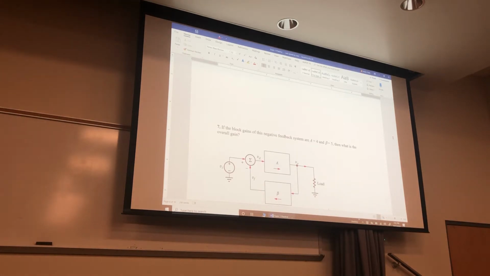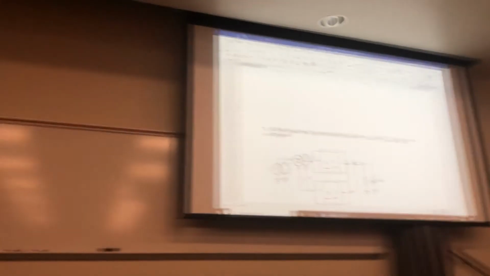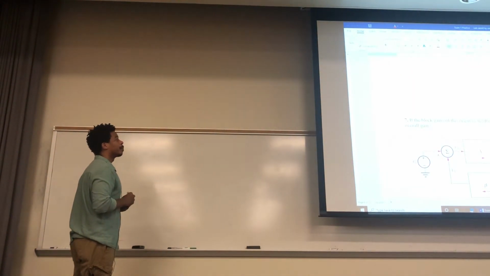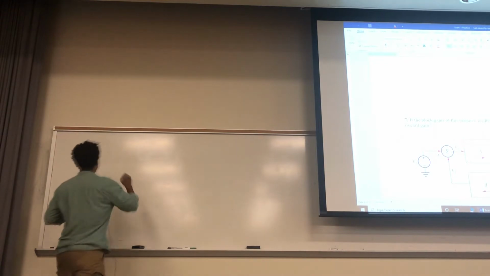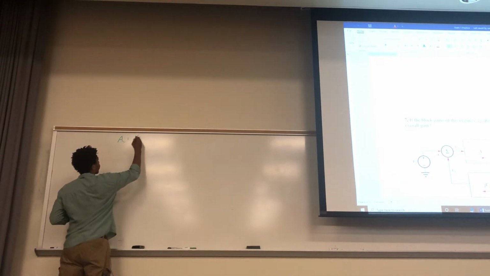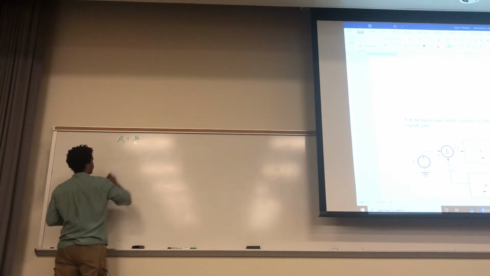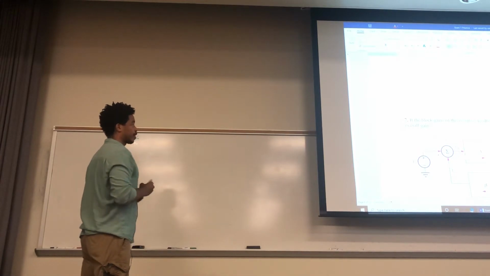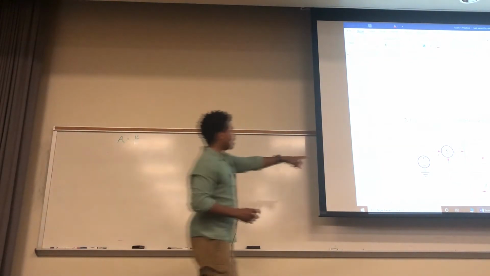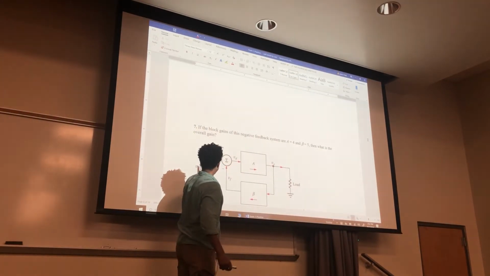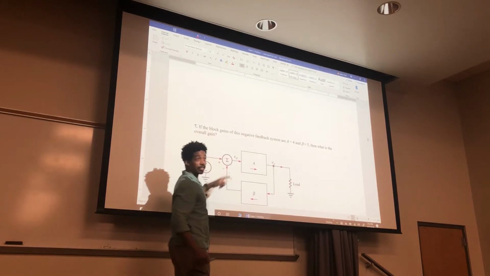Okay, so we need something like this, which is V out over V in, that type of thing. Okay, so here's what we know. From that summation symbol right here, this Vd is this voltage minus this voltage, right?